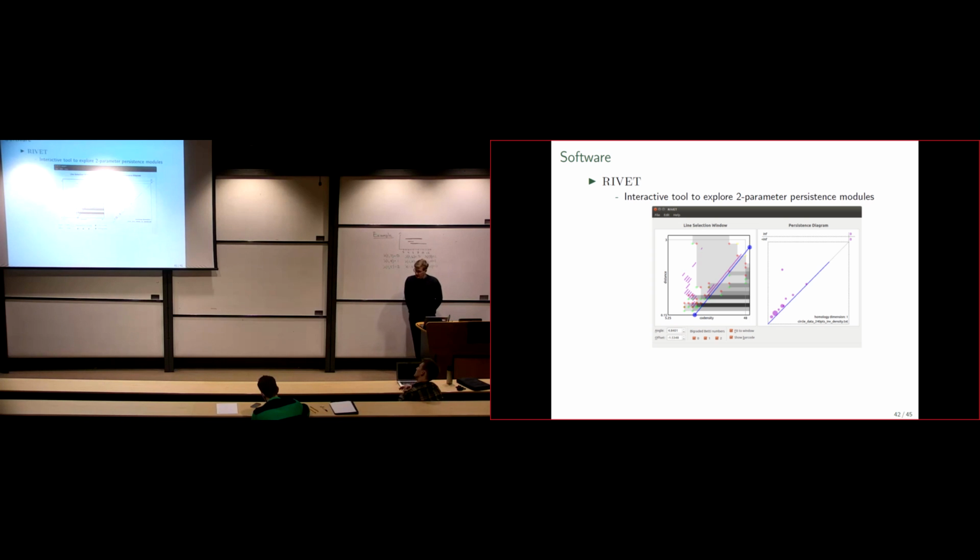It's an interactive tool to visualize the rank invariant of 2-parameter persistence modules, so it's restricted to 2 parameters. But it now has other types of functionality to compute different things related to persistence modules. It also has a library to compute, for instance, persistent landscapes and things like this.